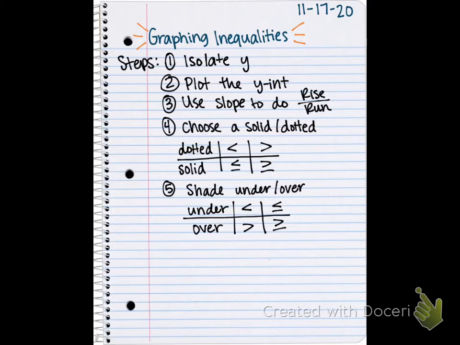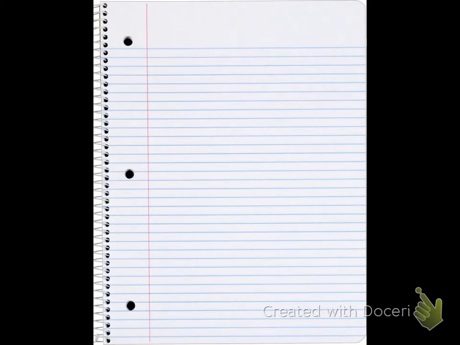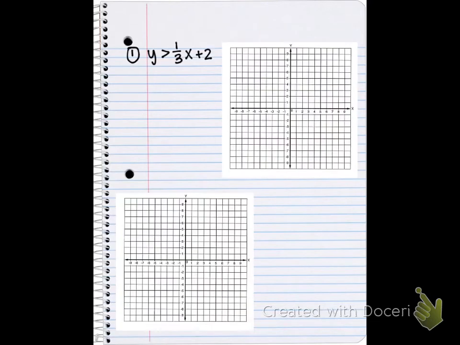All right, let's go. Let's look at our first example. Our first example is y is greater than 1/3 x plus 2. If you look back at the steps we just wrote down, the first step said to isolate y. Here, y is already isolated, so that first step is already done for us, and we get to skip on over to the second step.